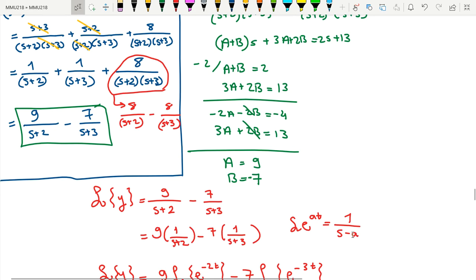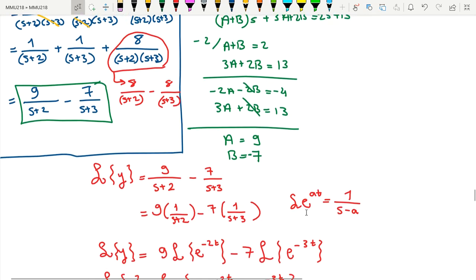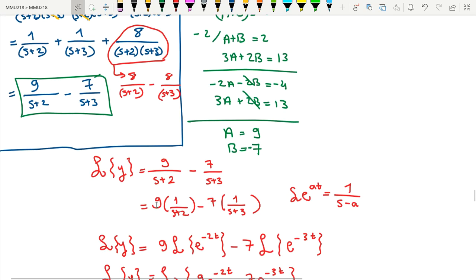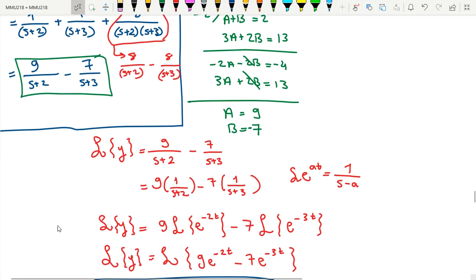That's like a shifting for a function like 1. And then in that case, I can express 9 Laplace of e to the minus 2t minus 7 Laplace of e to the minus 3t.